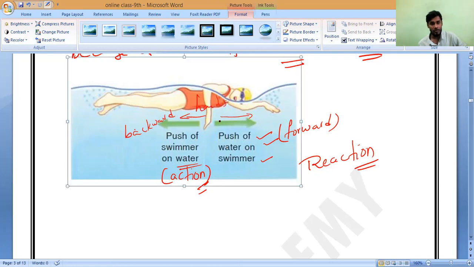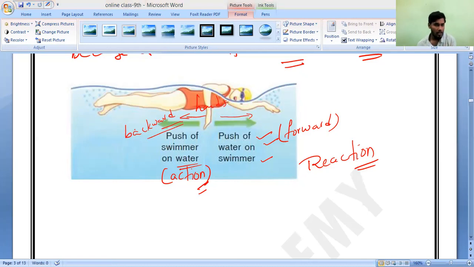Because of that, water applies an equal and opposite reaction force, which pushes the swimmer in the forward direction.